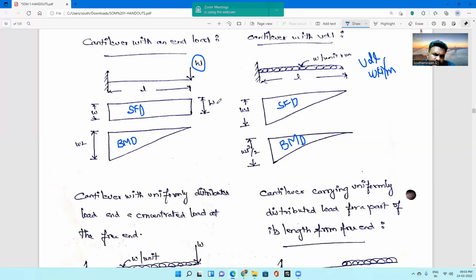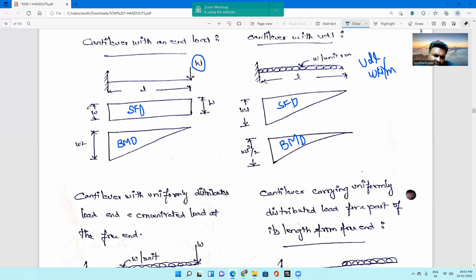For example, if we are applying the load W on a cantilever beam at the free end, the load W acts downward, and after that there won't be any variation of load, so the load will remain the same horizontally.